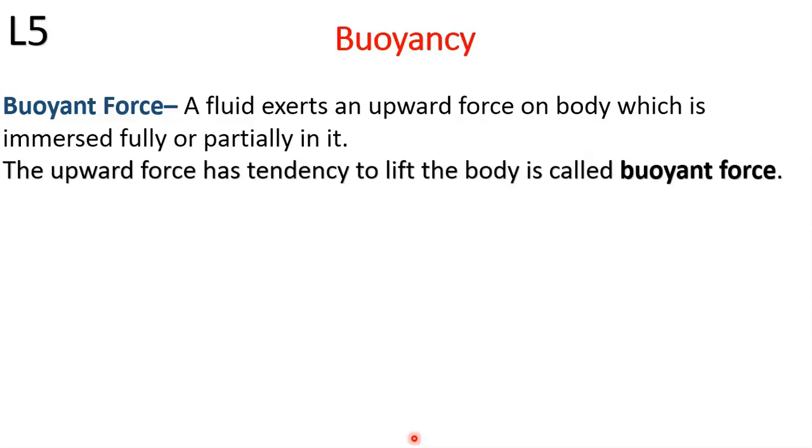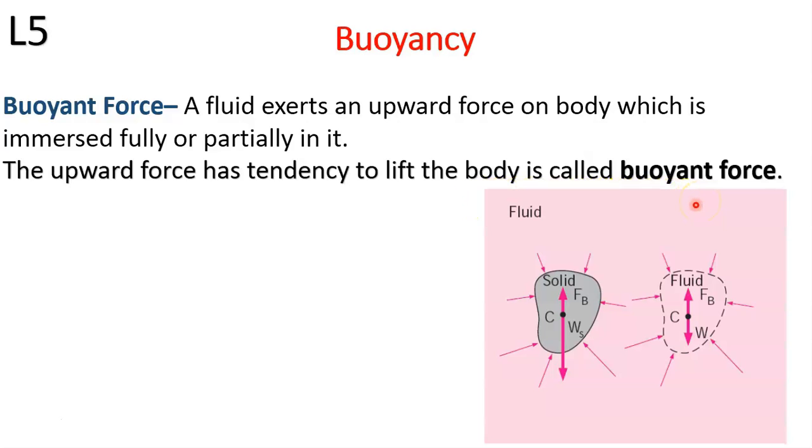Buoyant force. A fluid exerts an upward force on a body which is immersed fully or partially in it. The upward force has a tendency to lift the body, therefore we call that force the buoyant force.